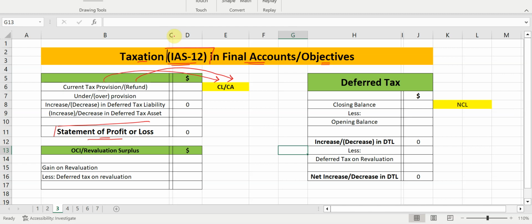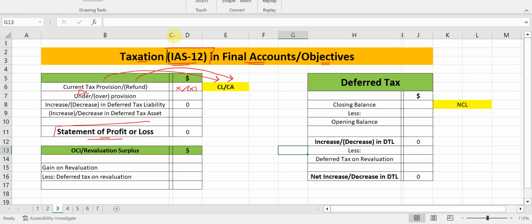And then we have the under provision. Now, under provision is coming from the previous year, and under provision represents the debit balance in the trial balance. And remember, this increases the tax charge. So current year tax provision, we take that in the positive figure, and if it is a refund, we take that in the negative, because we are doing the expense working.